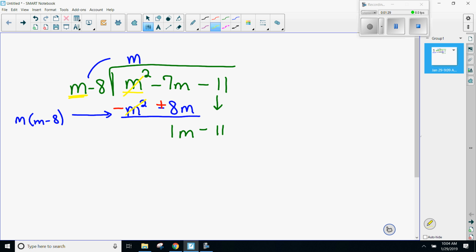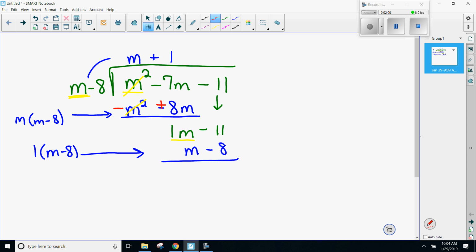So what do you take m times to get m? 1. If you take it times m, you get m squared. So I just multiply by 1. So I'm going to add, well, that's going to be a plus 1. So I want to take m minus 8 times 1, and that's going to be what goes in that next row, which is just m minus 8. But what do you do to that number?